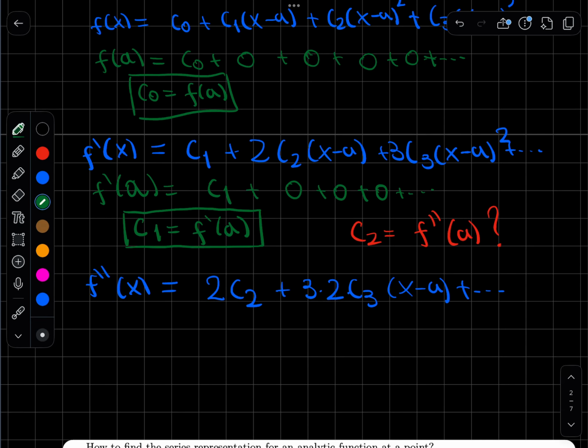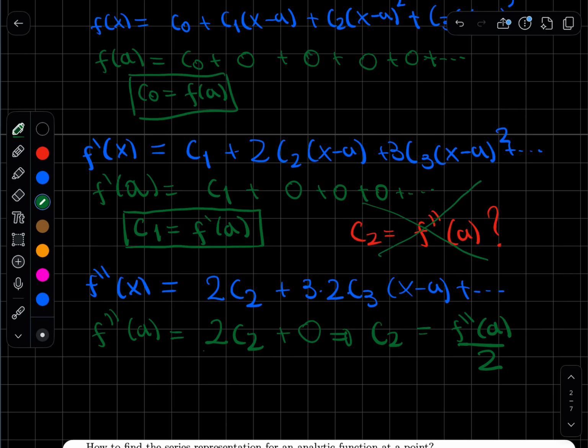This time when I plug in 0, or a, I keep saying 0, I plug in a, everything else is going to be disappearing, so only this is going to show up. So I'll end up with c2, there's this extra 2 that I need to divide. So c2 will be the second derivative at a divided by 2.